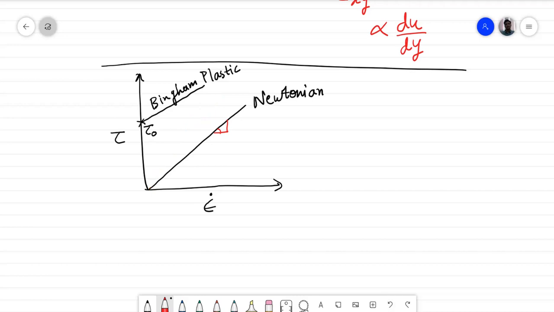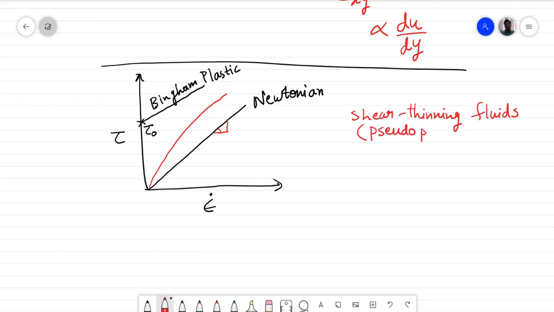Sorry for the waviness. Okay. And there can be fluids. So these kind of fluids are known as shear thinning fluids. Also they are known as pseudoplastics.